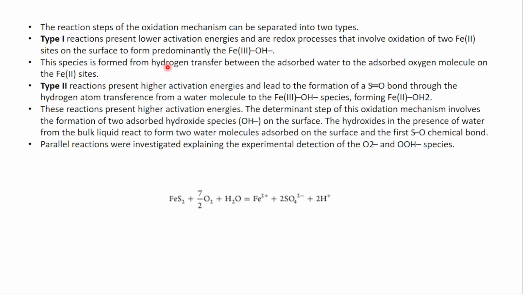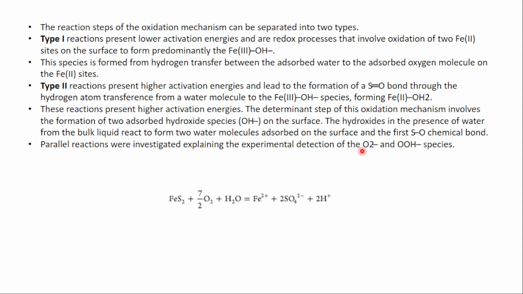This species is formed from hydrogen transfer between adsorbed water and the adsorbed oxygen molecule on the Fe2+ site. Then type 2 reactions present higher activation energy and lead to the formation of S double bond O through the hydrogen atom transference from a water molecule to the Fe3OH species, forming Fe2OH2. So this will generate OH2- radical and Fe2+ radical.